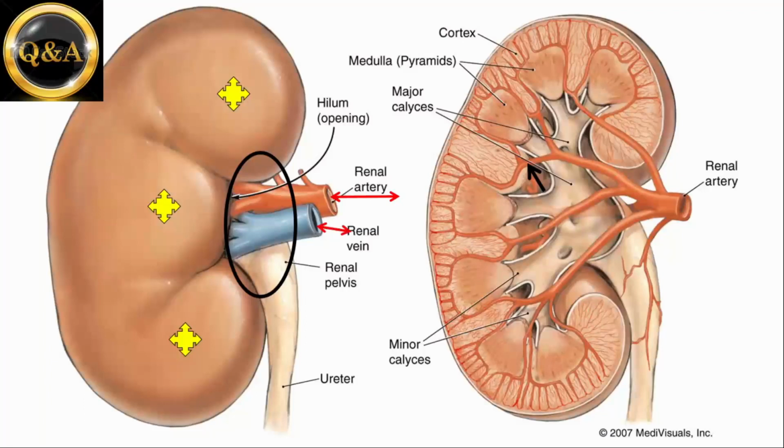And the renal vein drains the blood from the kidney, and it joins the inferior vena cava in the posterior abdominal wall. Now the inferior vena cava is to the right of the aorta. Therefore, the right renal vein is shorter than the left renal vein.